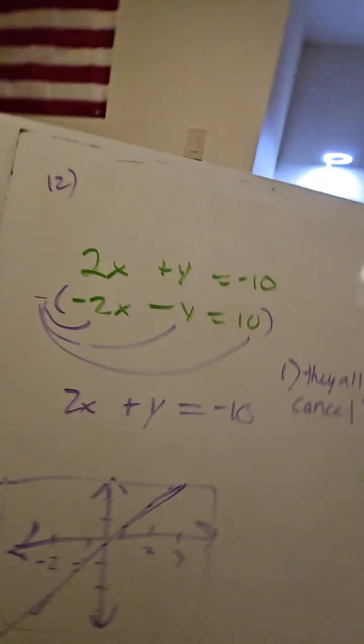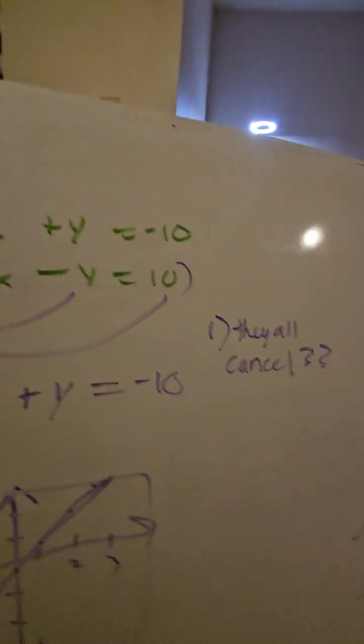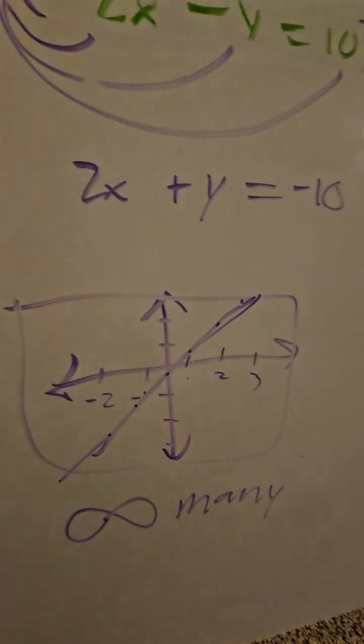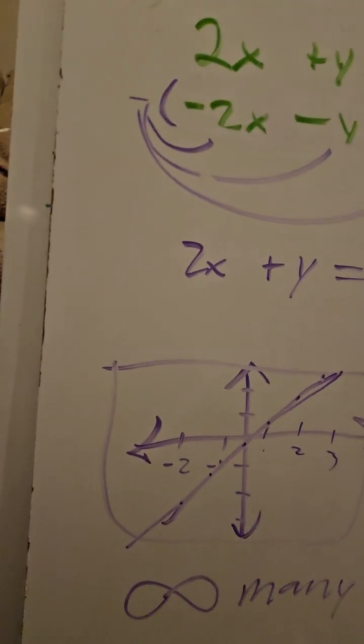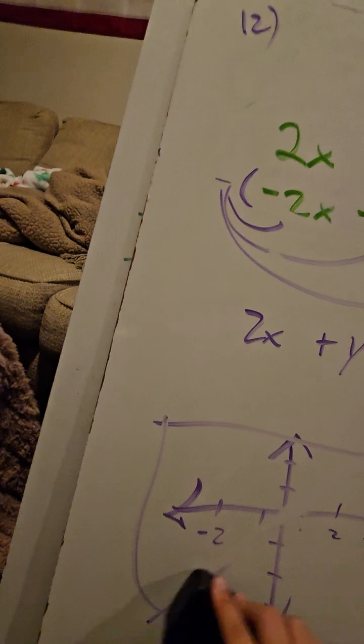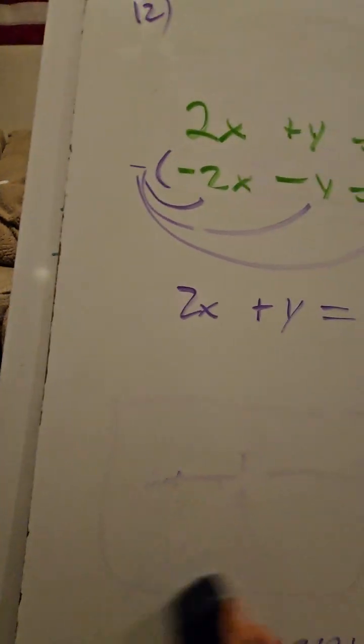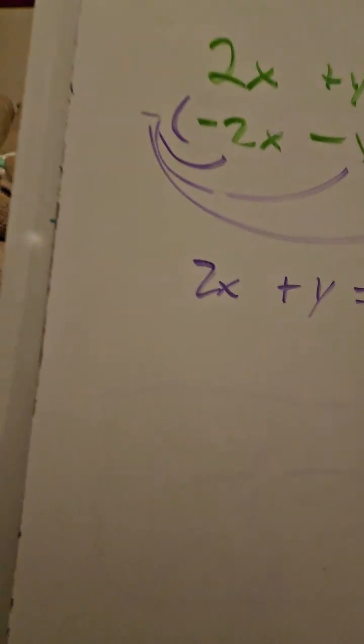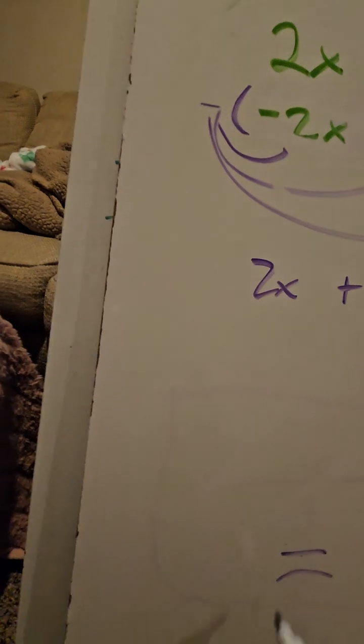And let's say you do the whole thing, but eventually you get something that doesn't make sense, like let's say at the bottom you got 0 equals 5.